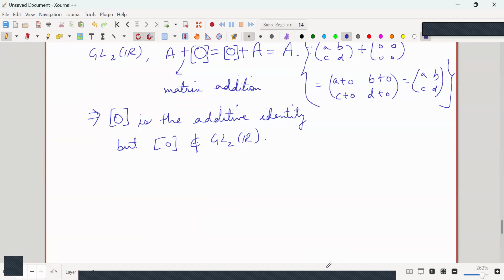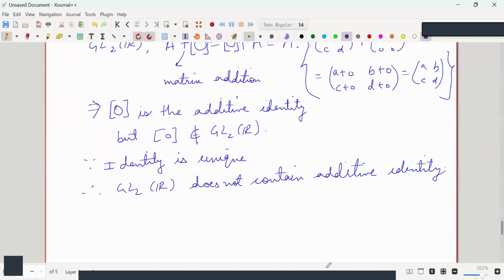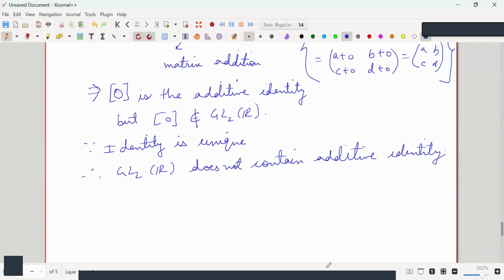And since identity is unique, therefore GL2R does not contain additive identity. In fact, it's not a binary operation.